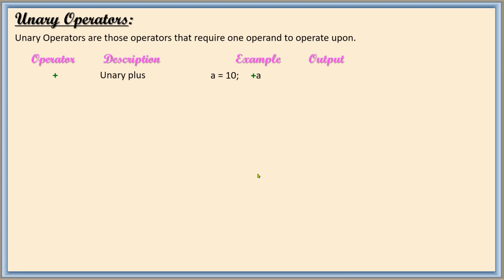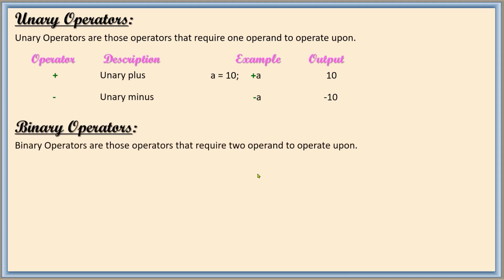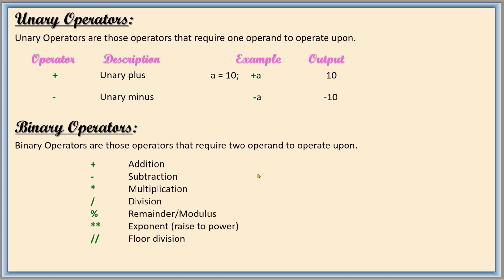For example, a is equal to 10, then plus a results in plus 10, but we cannot differentiate it. But at the same time, unary minus: if a is 10 and we say minus a, it negates the value. That means it becomes minus 10. All the arithmetic operators are also binary operators. That means all of these require 2 operands to operate.